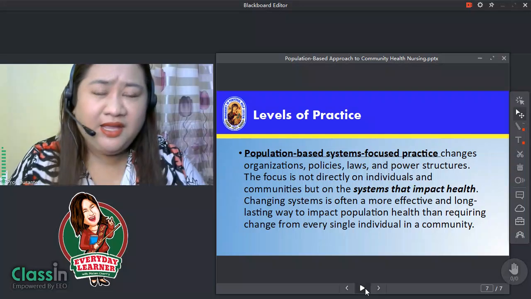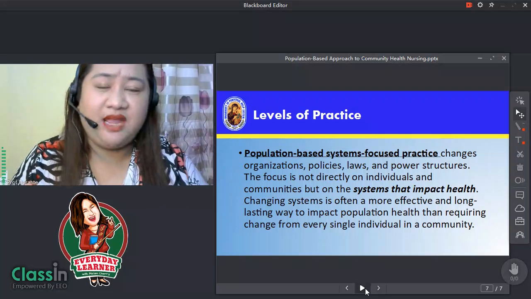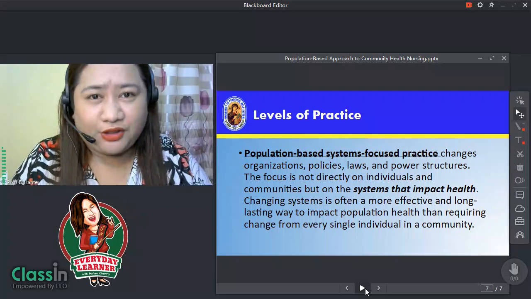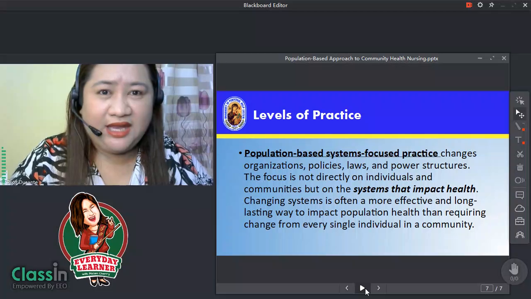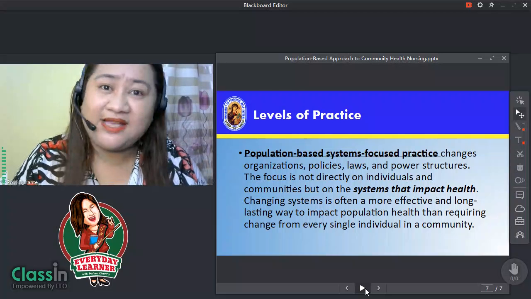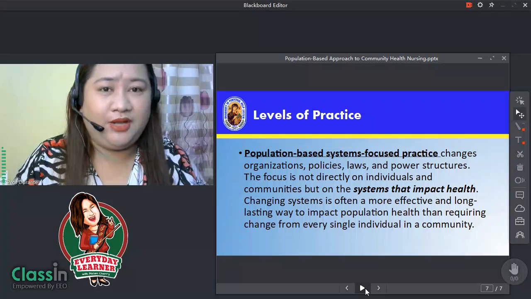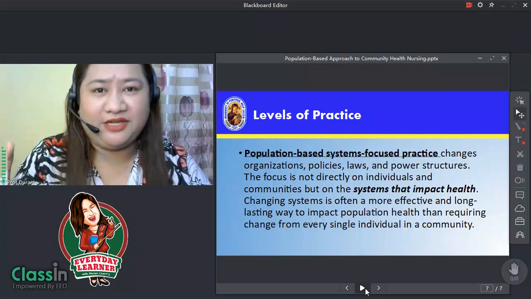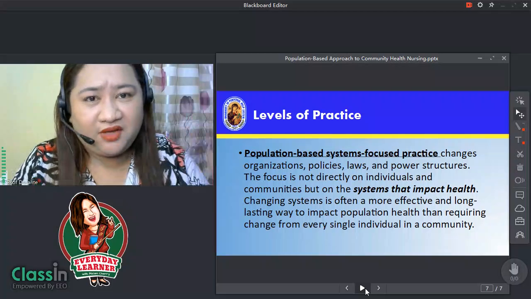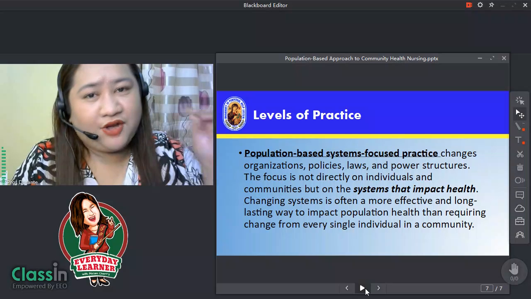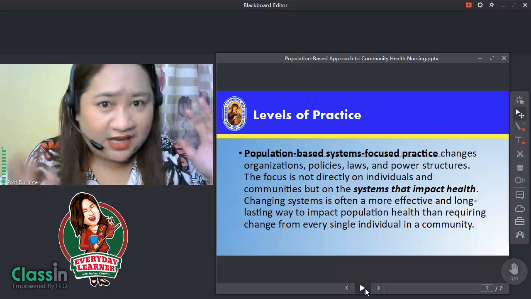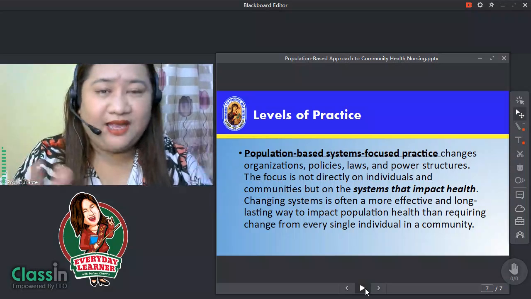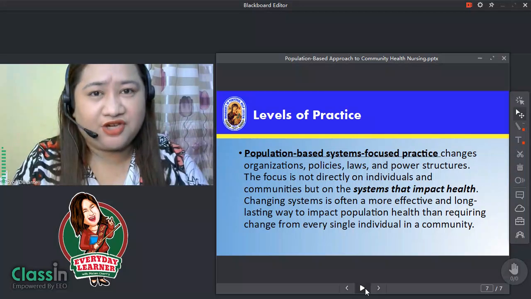The poster's theme is determinants of health. So what are the factors in the community, in our society, that affect health? I want you to place there how you look at these different determinants of health. Once you have done your poster, I want you to take a picture of it.